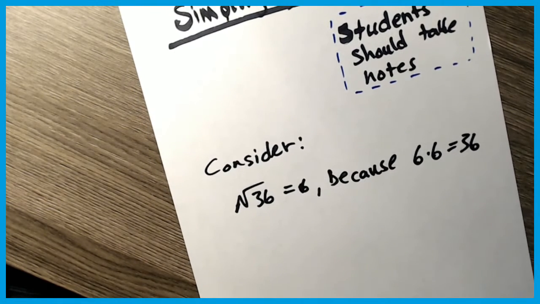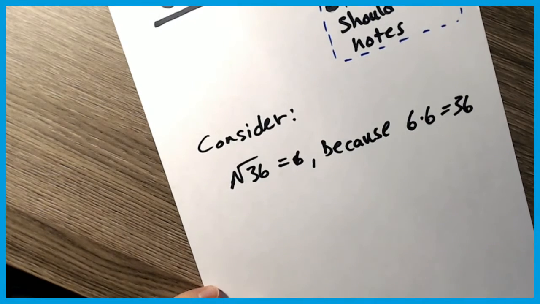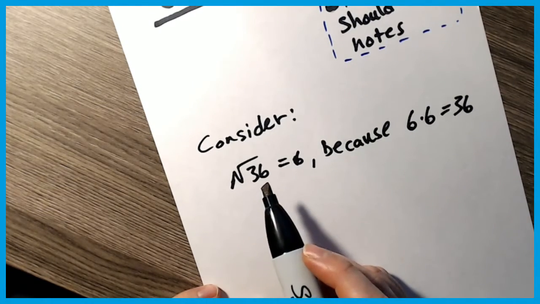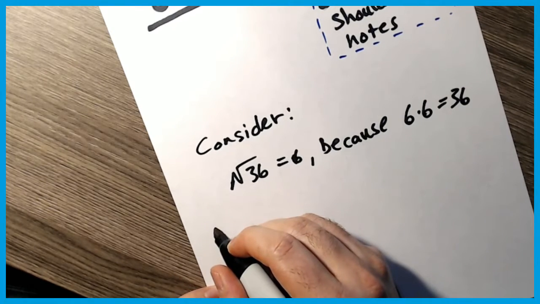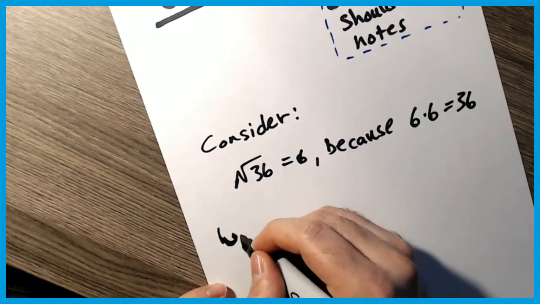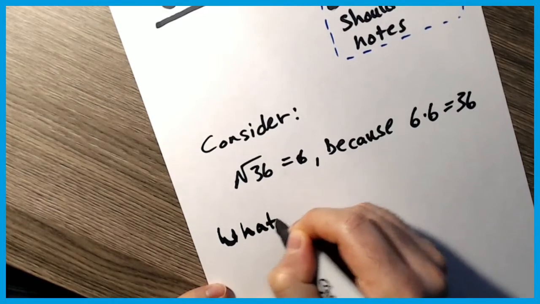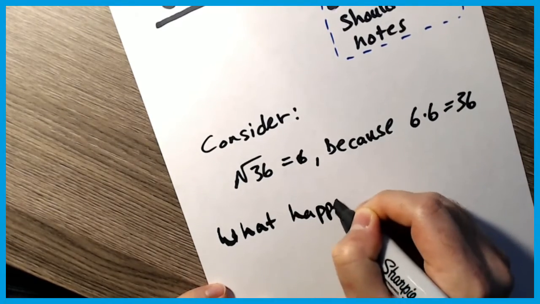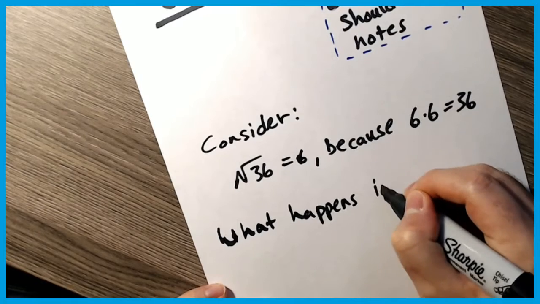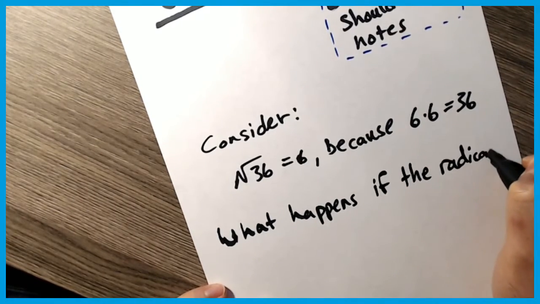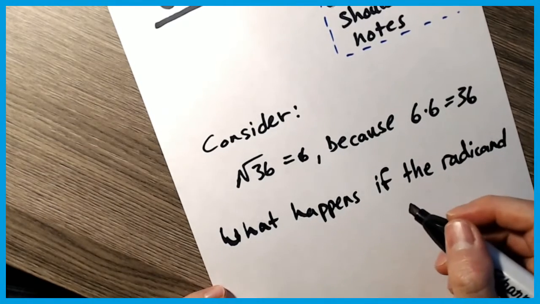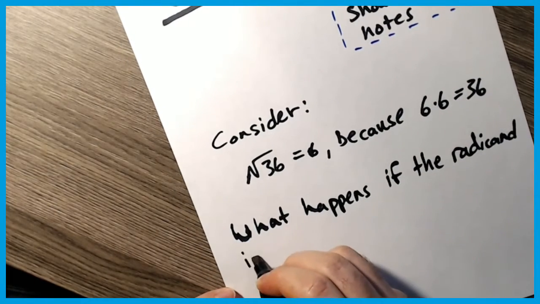In algebra though, we're less interested in these perfect squares, and we're more interested in the following. What happens if the radicand is not a perfect square?